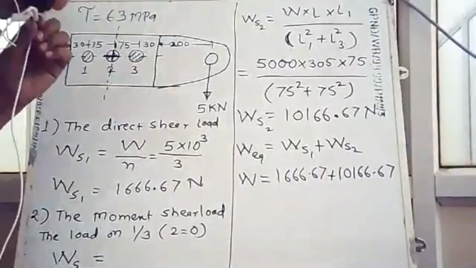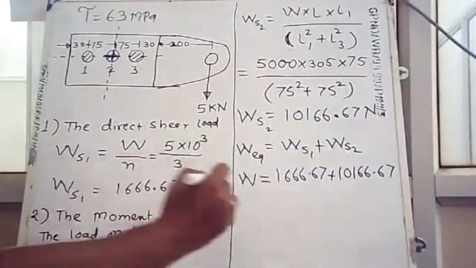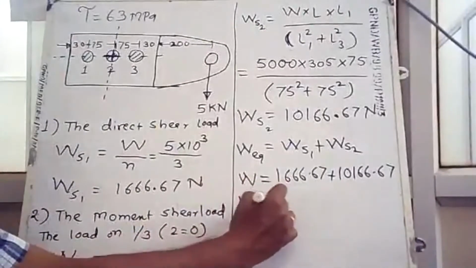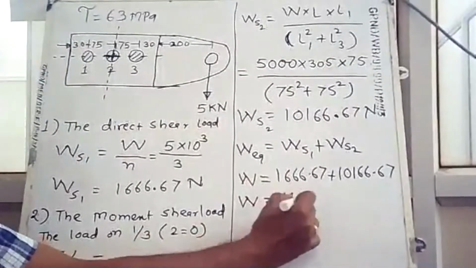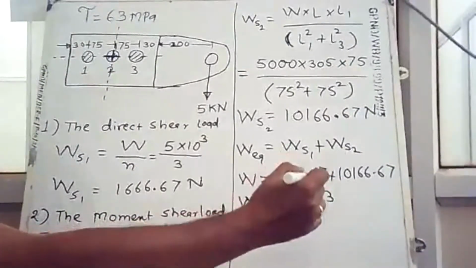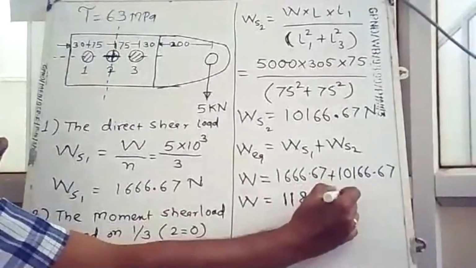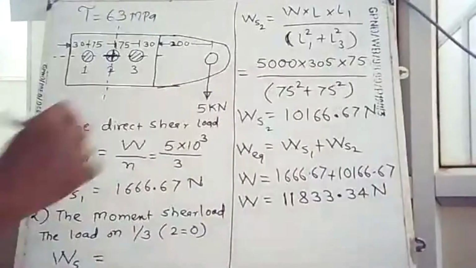So this is the complete load. If I find this, it becomes 11833.34. This many newtons is the equivalent load.